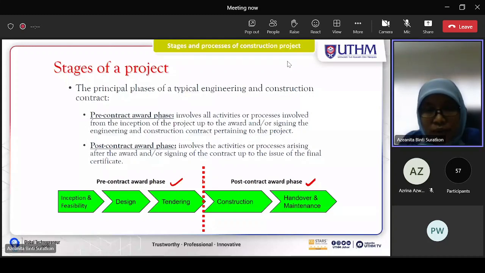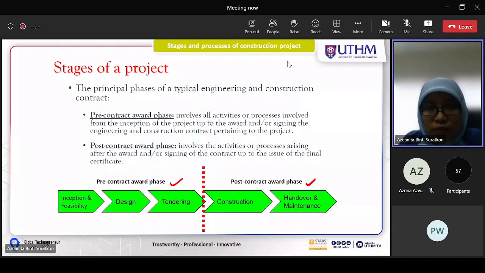This is where split the pre-contract award phase and the post-contract award phase. So here, once the best, the most competitive contractor is appointed, here the construction end, followed by the handover and maintenance stage lah, under post-contract award phase.